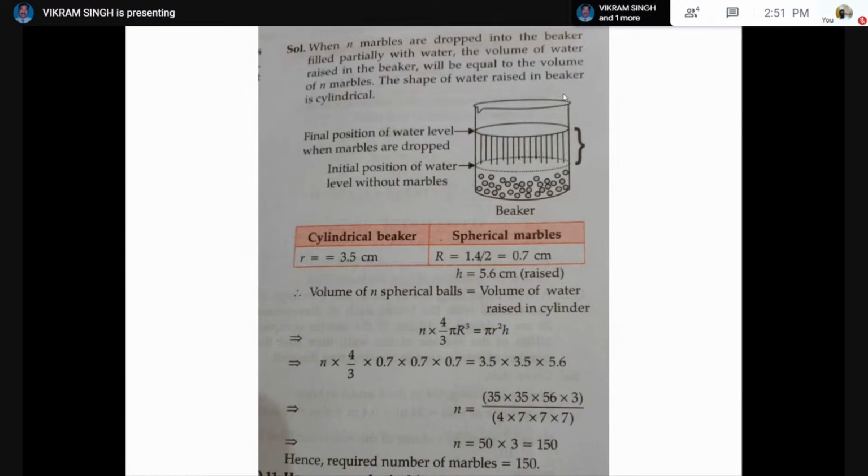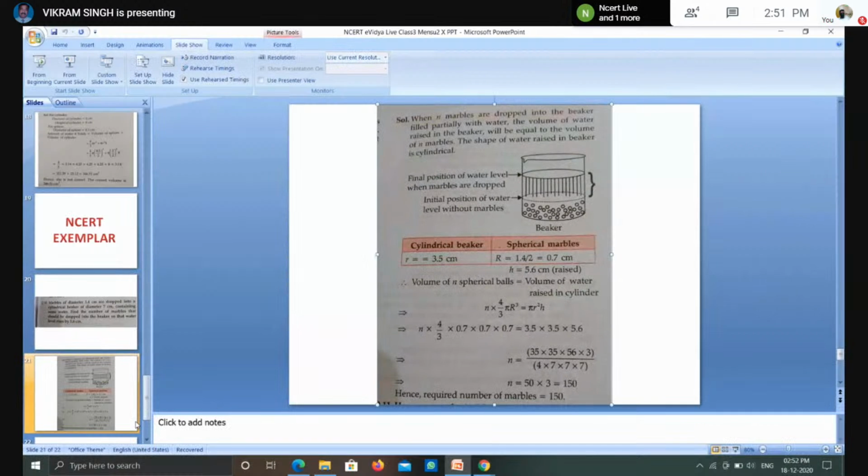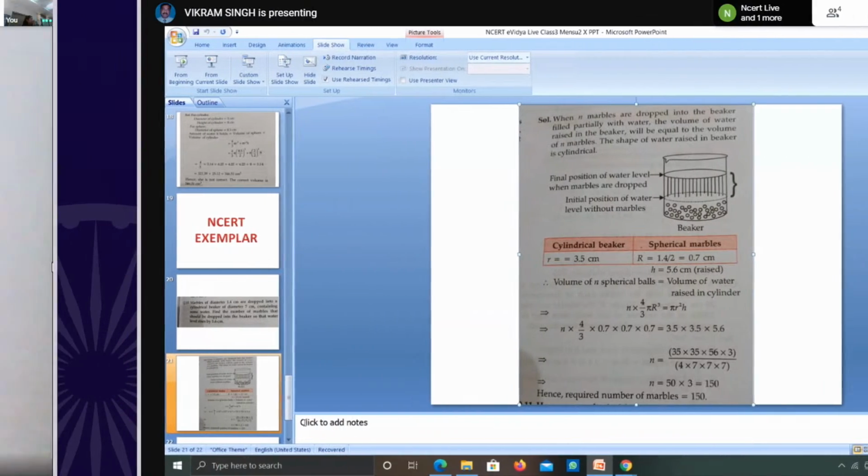Now as I told you, this is all about the question, but let us see something for the correctness of this NCERT. We have the third exercise, conversion of solids from one shape to another. Actually, this exercise is also related to the volume portion.